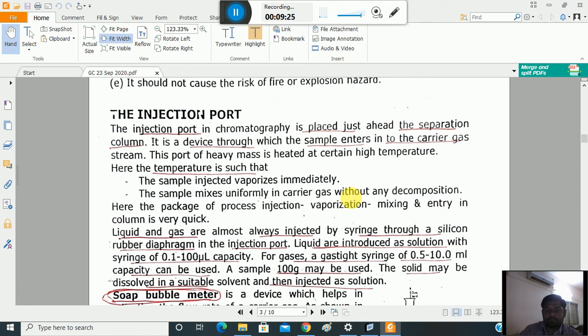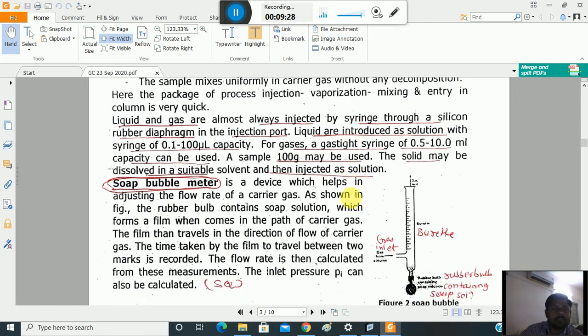Okay, and now the next one. Liquid and gas are almost always injected by syringe through a silicone rubber diaphragm in the injection part. That is the device by which you can inject the sample in liquid or gaseous form with the help of a syringe. The liquids are introduced as a solution with a syringe.